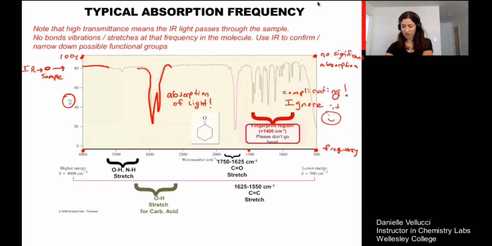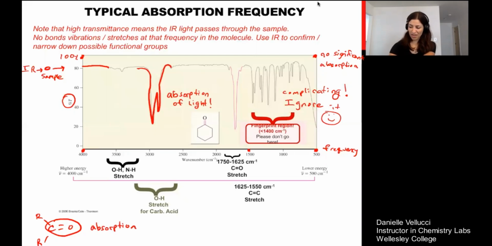Above 1500, we start to see absorptions that really strongly correlate to particular functional groups. Thus, those signals can tell us a lot about the molecules we're interested in. So for instance, when we have the carbonyl, okay, the C=O pi bond, like we discussed for the ketone on the previous slide, we tend to see absorption for that C=O bond stretch somewhere between about 1620 and 1750 on our spectrum.